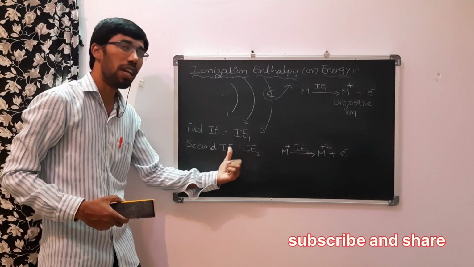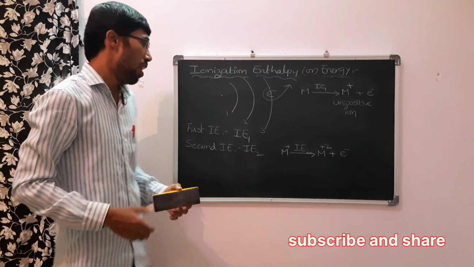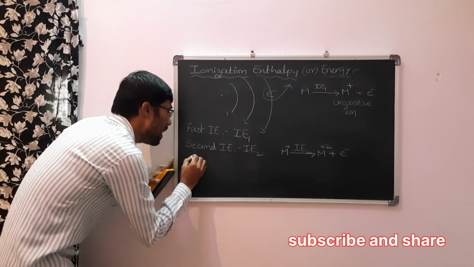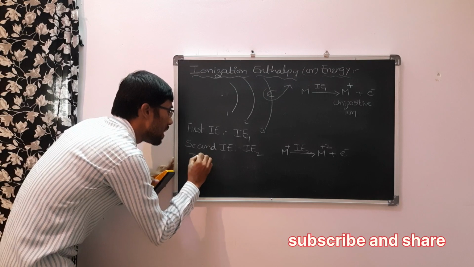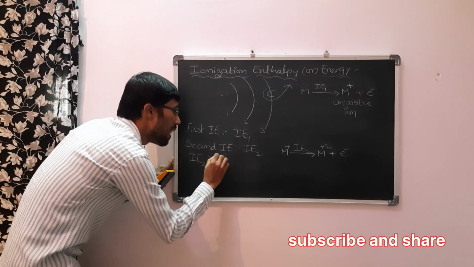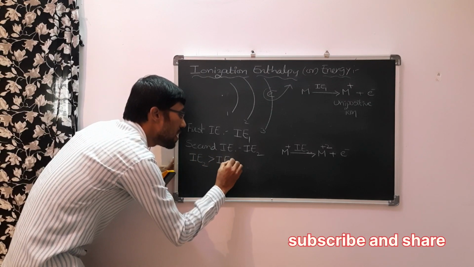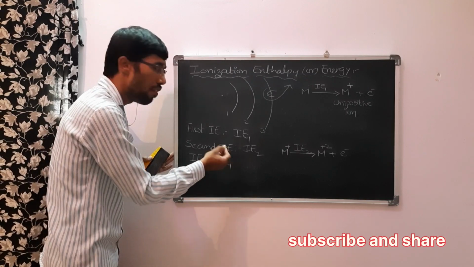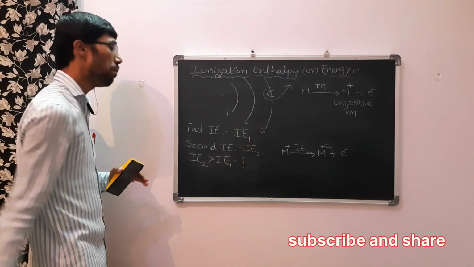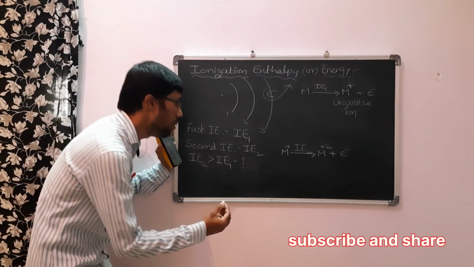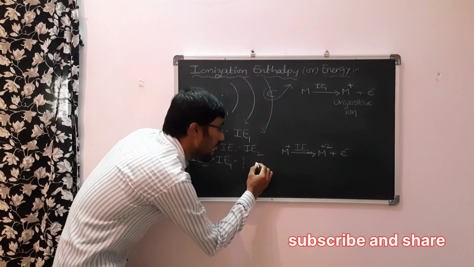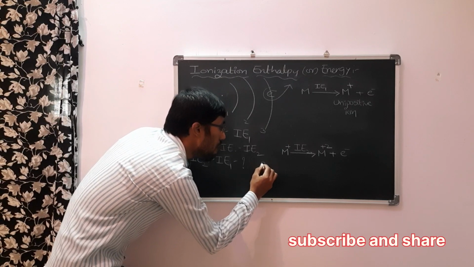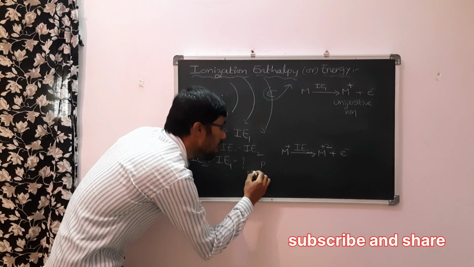The minimum energy required for the removal of one electron from the uni-positive ion is known as second ionization energy. The second ionization energy is always greater than the first ionization energy, so IE2 is greater than IE1. Why? Consider an atom with 5 protons and 5 electrons in the neutral atom.